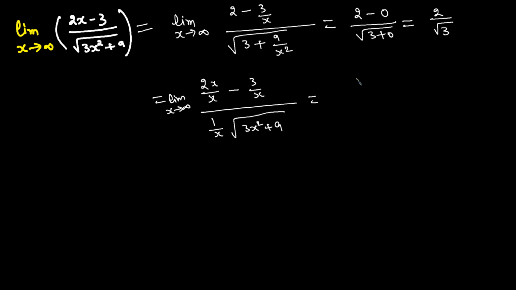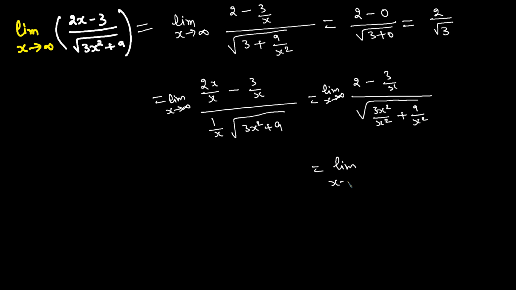This gives me 2 minus 3 over x. As I take this x inside the square root, it becomes x squared. So we get 3x squared over x squared plus 9 over x squared, which is basically the limit as x approaches infinity of 2 minus 3 over x, over the square root of 3 plus 9 over x squared. So that's how we got this. I just wanted to go over it in case you are confused about how we got this.